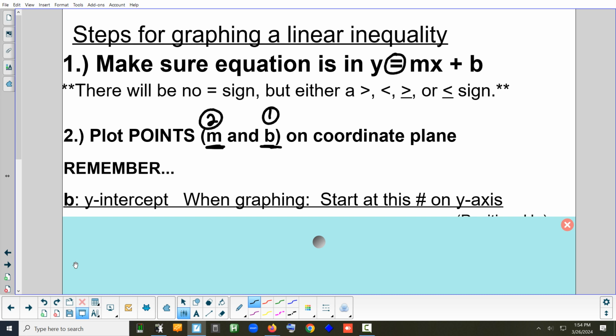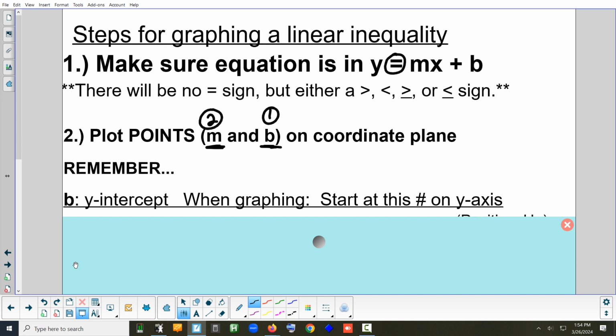Just a reminder about what b is. B is the y-intercept. That's the number that you start at on the y-axis.